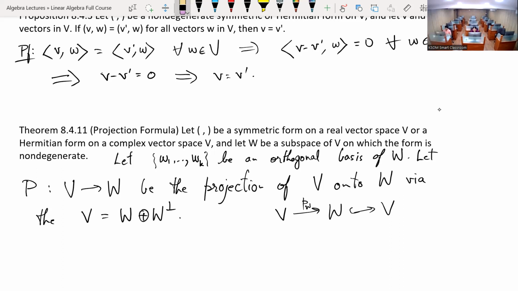So P is the composition of these two. But there is also a formula for it that you can compute. First you apply PW and then IW.